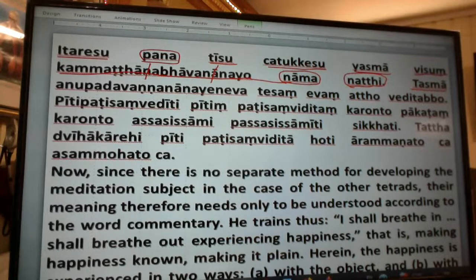Therefore, Anupada Vonana Nayiniva. Nu is one after another, continuously. Vonana is explaining in detail.